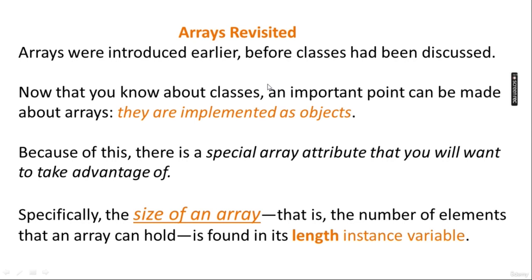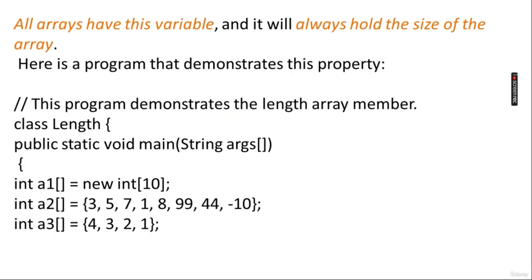So how do we find out the size of an array? Through its length instance variable. All arrays have this variable and it will always hold the size of the array. Here is one example. The first array is a one-dimensional array of 10 variables.